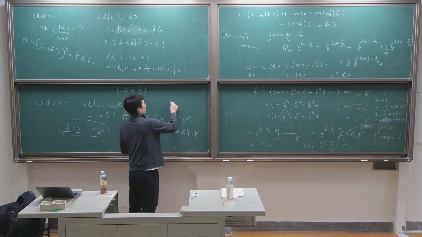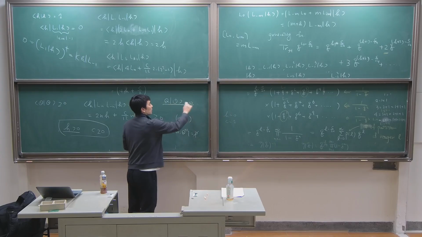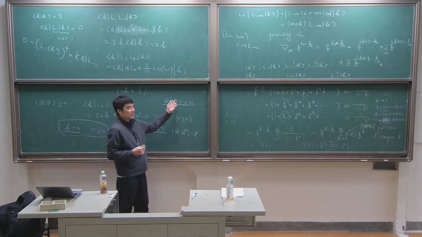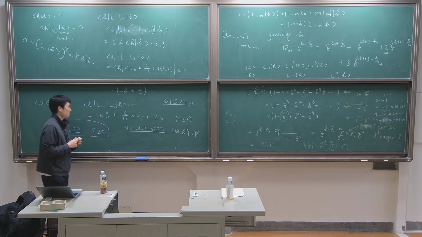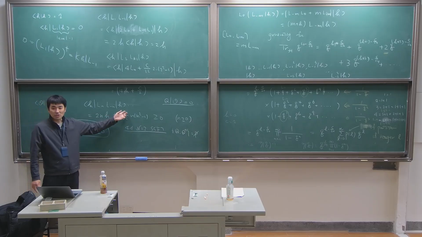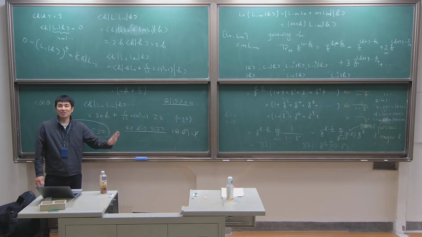Then you can consider states which are annihilated by Q. These are called BPS states. If you look at these BPS states, they are exactly a representation of the Virasoro algebra with negative central charge. So this kind of thing happens.